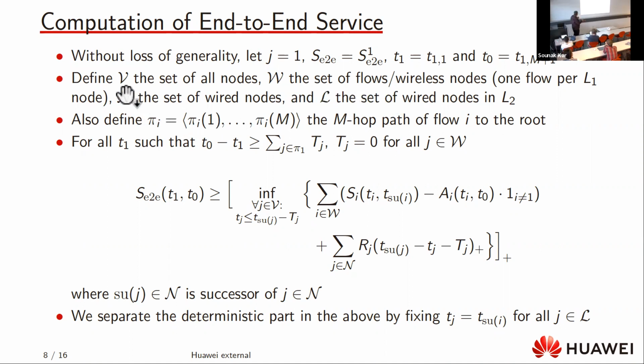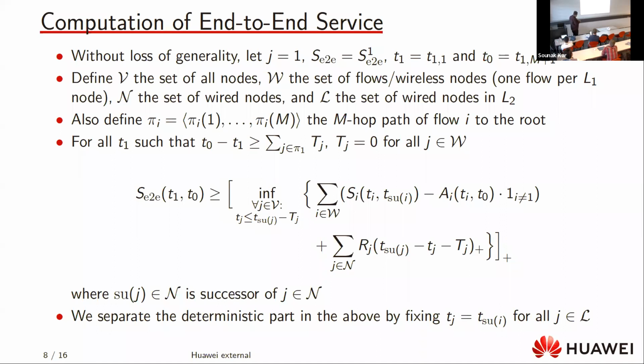And then we have the set N, which is the set of wired nodes. And we also define a set L, which is the wired nodes in layer 2. This is the interface between the wireless and the wired part of the network. So we need that. We will see later why.